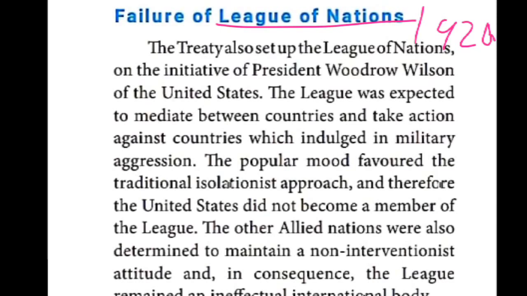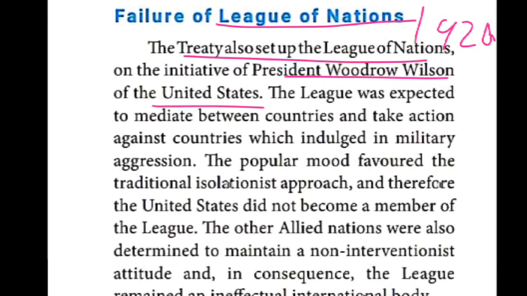Why? What is the reason? The Treaty of Versailles also set up the League of Nations, on the initiative of the American president Woodrow Wilson.